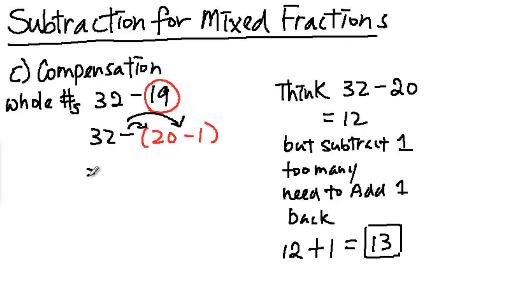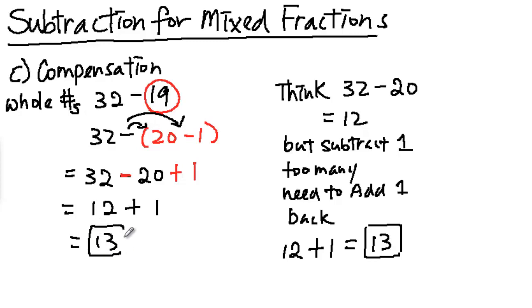So we have 32 subtracting 20, and don't forget this will become plus 1. And if we use 32 subtract 20, which is 12, and then 12 plus 1, we get 13. So a lot of students, if they can do mental math and solve the problem in their head, that's their thought process.